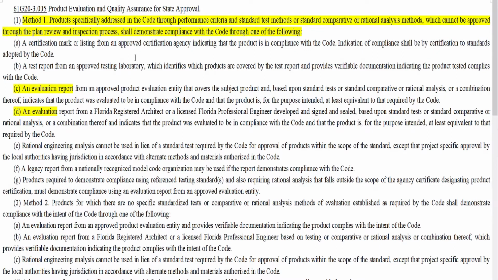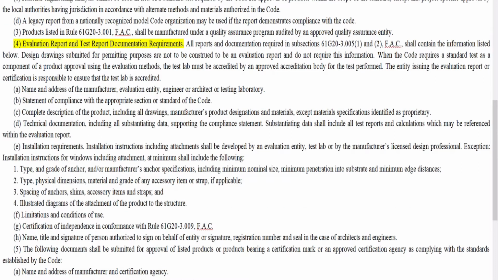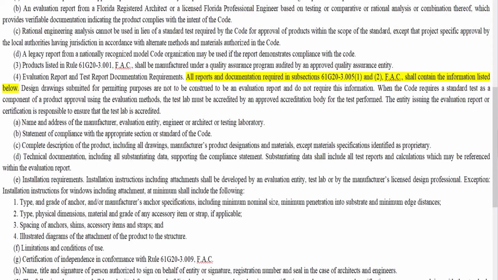Two of the methods, which pertain to window and door systems, rely on evaluation reports. Section 4 identifies evaluation report and test report documentation requirements. It identifies that all reports and documentation required in subsections for methods 1 and 2 shall contain the information listed below.